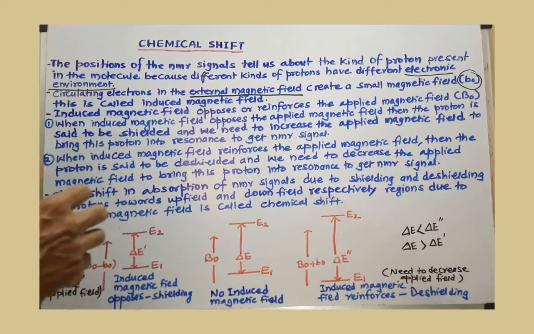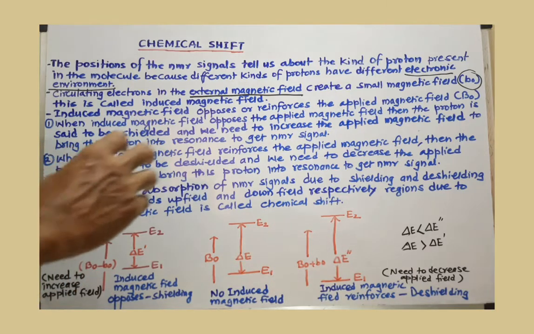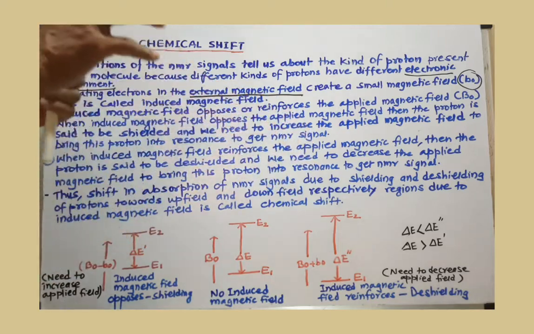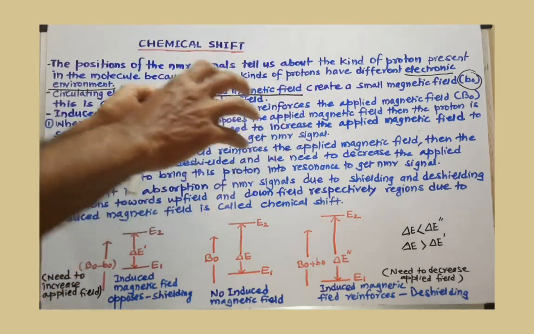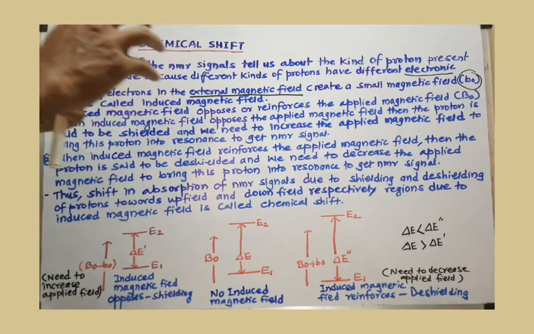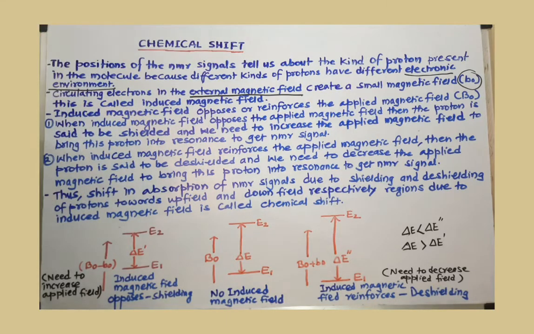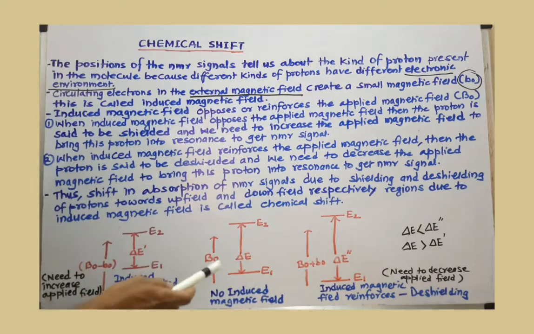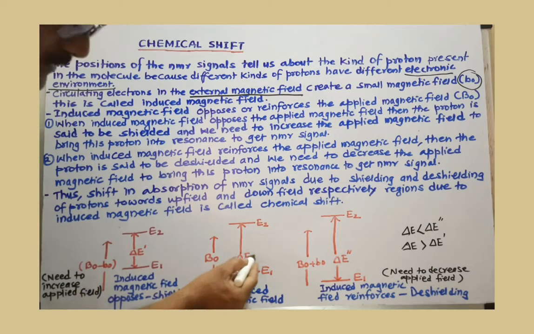Now what is required? We have a constant radiation, we have a constant energy from the radio wave region, and we need to bring that proton into resonance. What is important? A constant energy means you can see here delta E is constant.